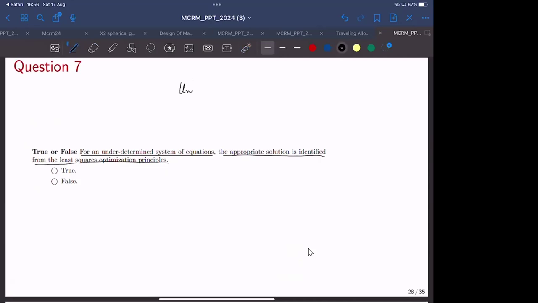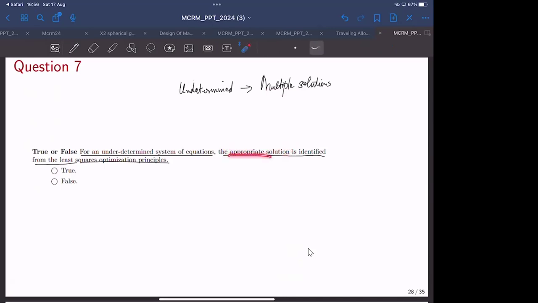In case of an underdetermined system, we can have multiple solutions, and these are all exact solutions. These are not approximate solutions, right? So this statement is actually false.